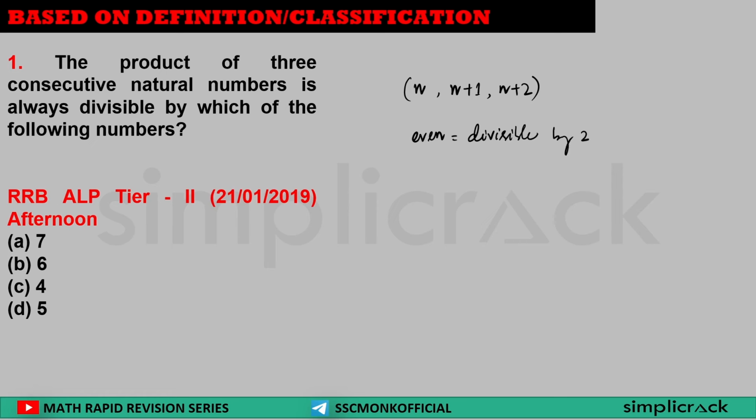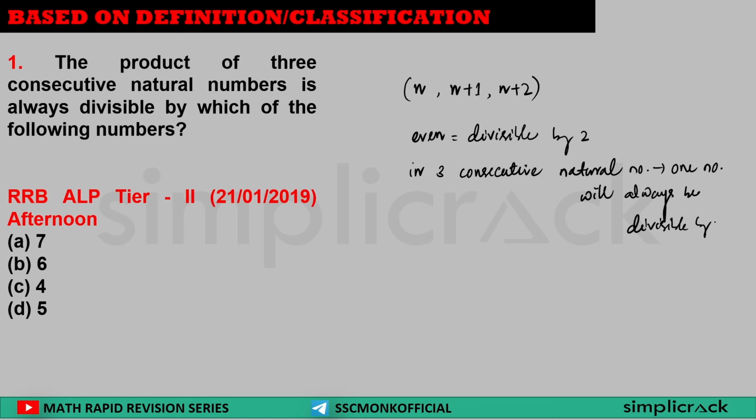Clear, right? Now, when I am talking about three consecutive natural numbers, any consecutive numbers you take in the world, one number will always be divisible by 3.